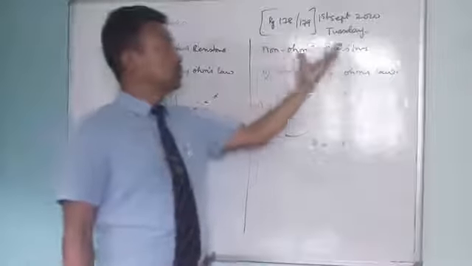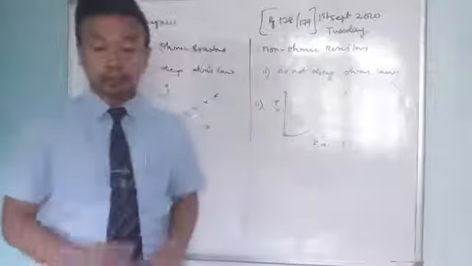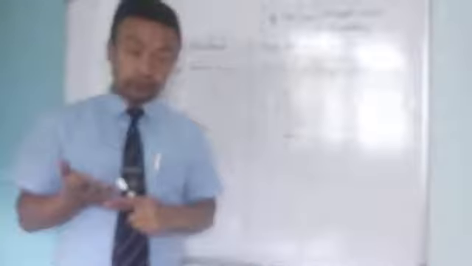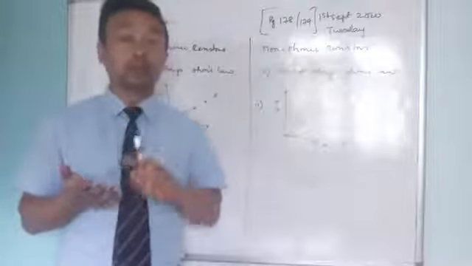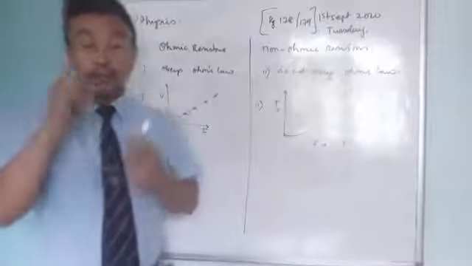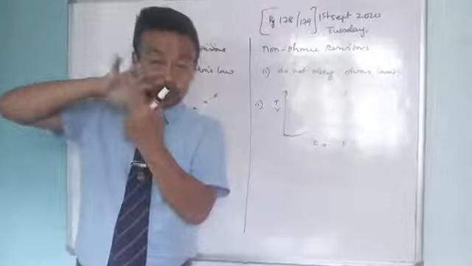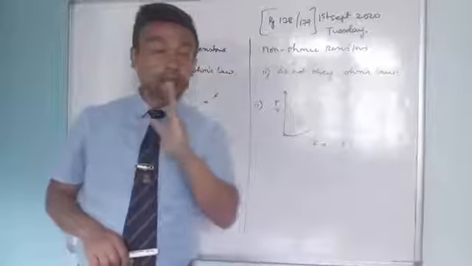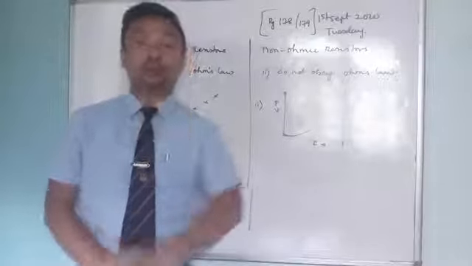Examples of non-ohmic resistors are LED bulbs, which we use nowadays in our homes and offices, solar cells, and the filament of a bulb. All these are non-ohmic resistors because their resistance is not constant, it is fluctuating.